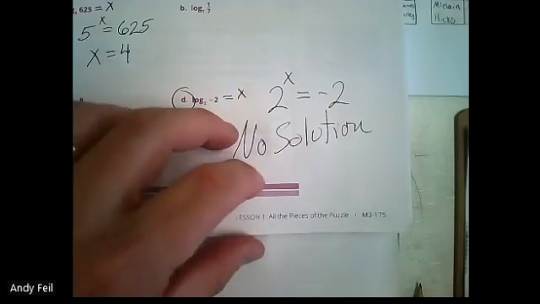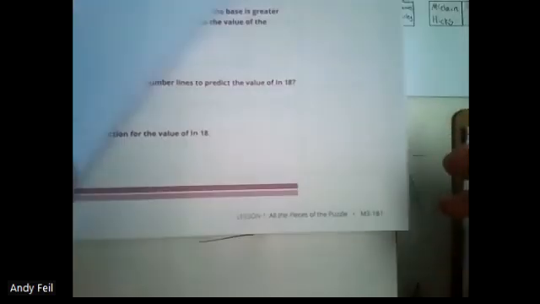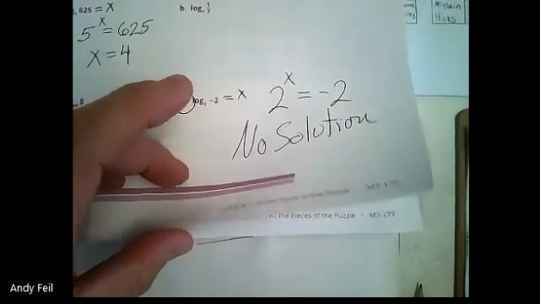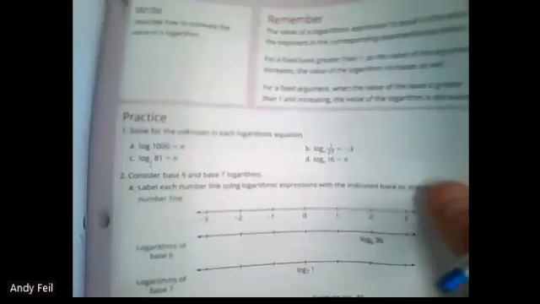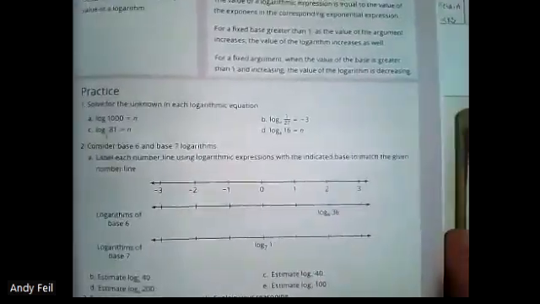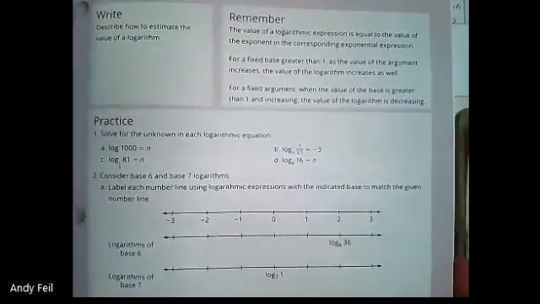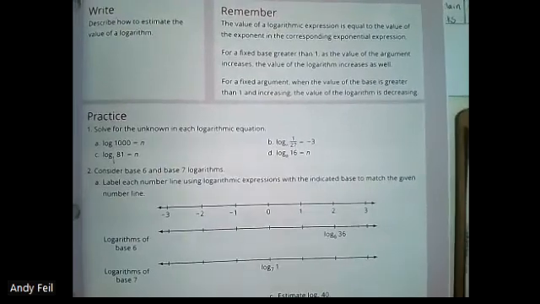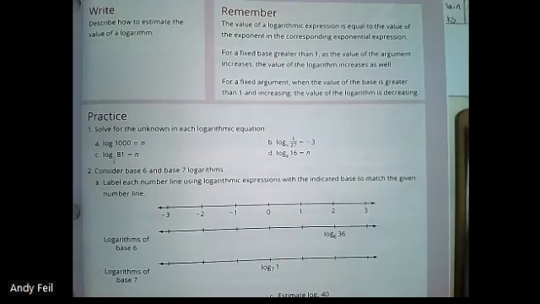Okay, so here's what I'd like you to do. Here's your assignment. Turn to page 183. I want you on a piece of paper. Don't do it in your book, because there's not enough room.